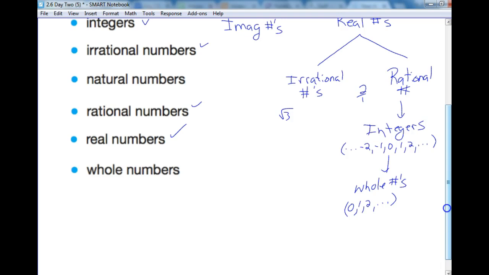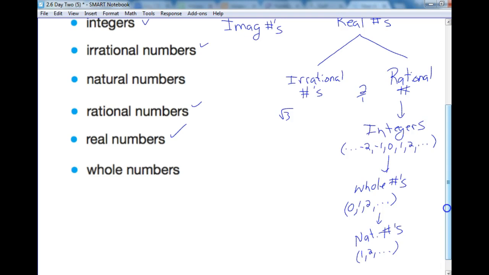They hold all the positive integers. And the very last one is natural numbers. Natural numbers are a lot like whole numbers. Some textbooks define them as not including 0, just the positive integers going up. So that's really the separation between whole and natural. Some say they include 0, some say they don't.